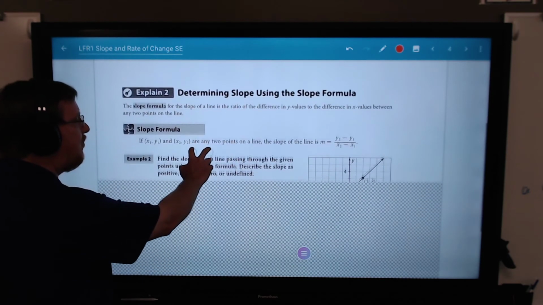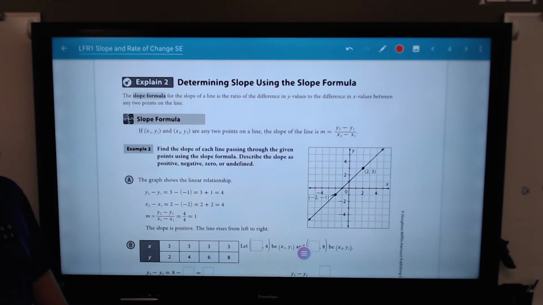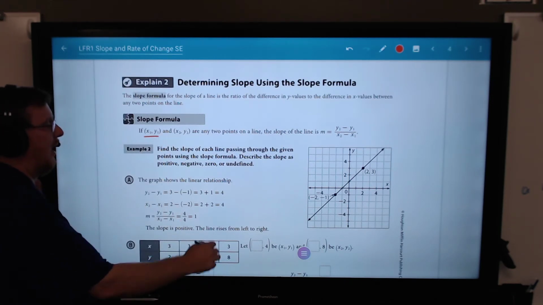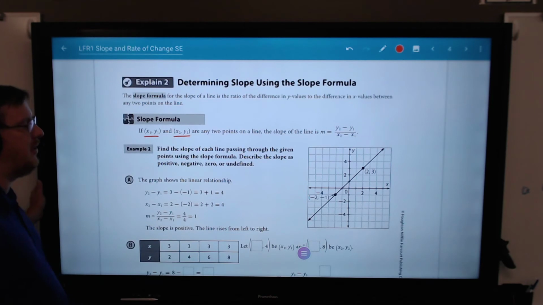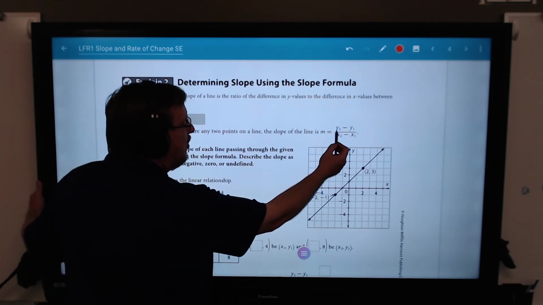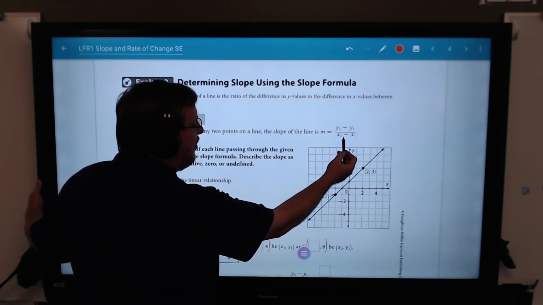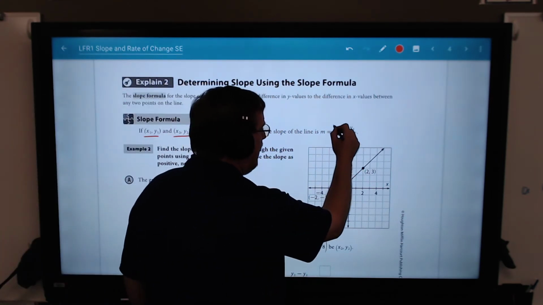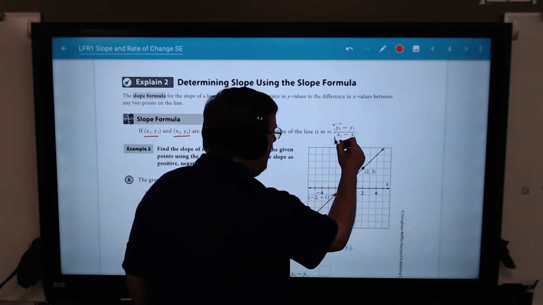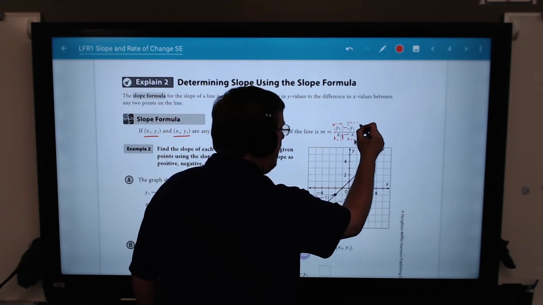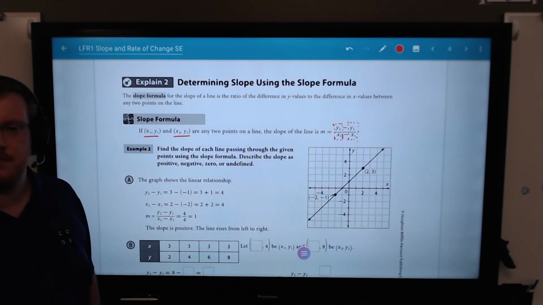Okay. Slope formula. If you have 2 points on the line, this coordinate pair x1, y1, and this coordinate pair x2, y2, the slope of the line is m equals y2 minus y1 divided by x2 minus x1. Notice here, those are both 2s and those are both 1s.